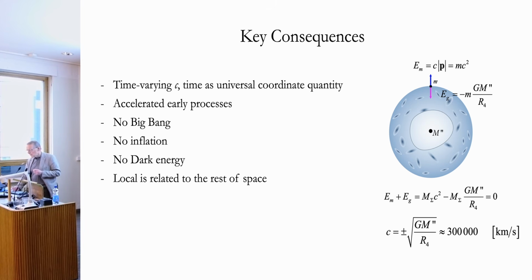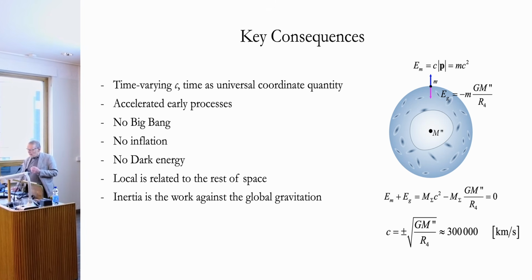We are going in more detail to the ratio of global and rest of space. Also, what is very important is that inertia is not a property of mass as it was in classical mechanics, and also as it was in the relativity framework. But now we can understand inertia as the work against global gravitation.